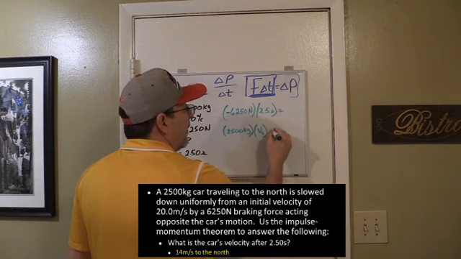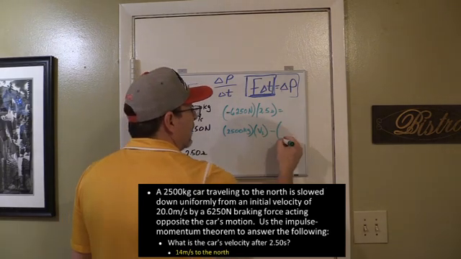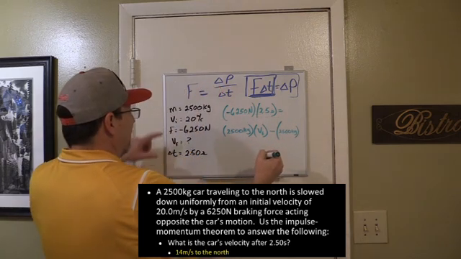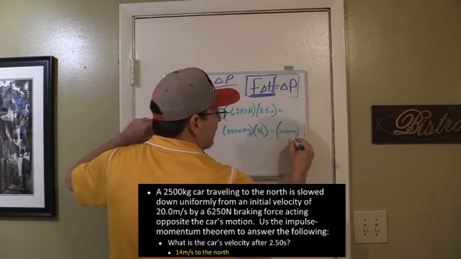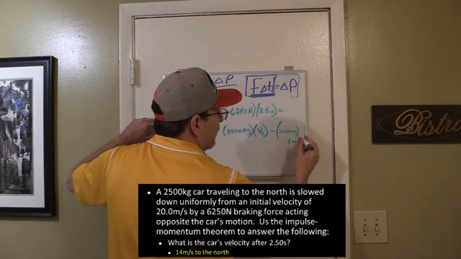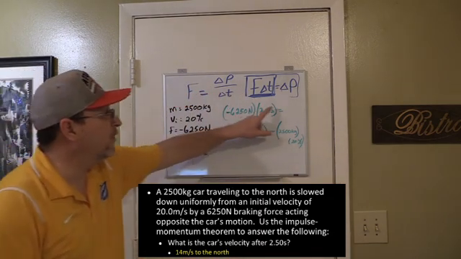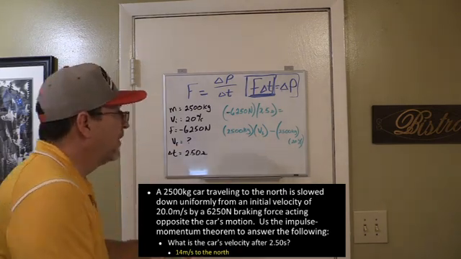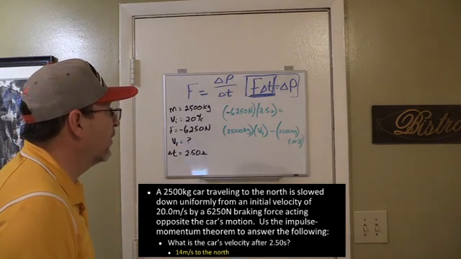Velocity final, minus, once again, the mass is the same, 2,500 kilograms, times my initial velocity of 20 meters per second. So I knew all of these bits and pieces except for my velocity final. Let me go ahead and start working on this real quick.